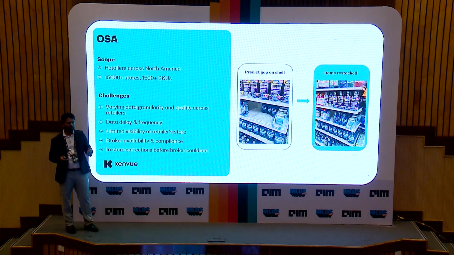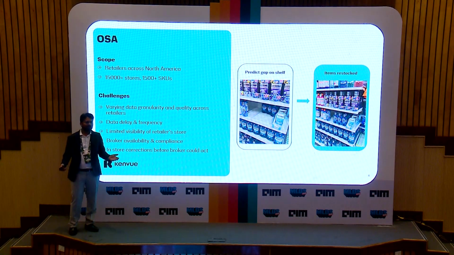Some give all kinds of data at a day-level granularity, some maybe at a monthly level, and so on. Not just that: consider sales happening in a Walmart store today. They get the entire data set by the end of the day, process it tomorrow, and send it to us the day after tomorrow. So the data we are getting is already delayed.